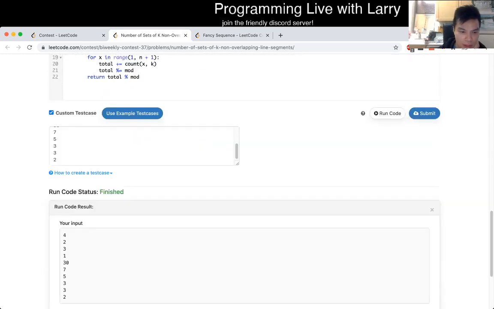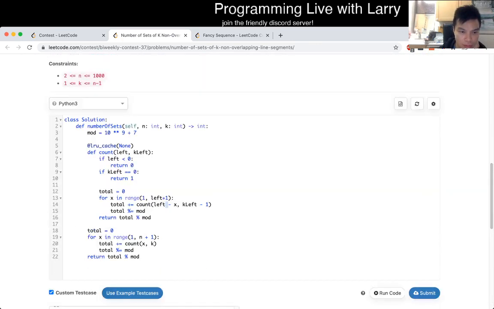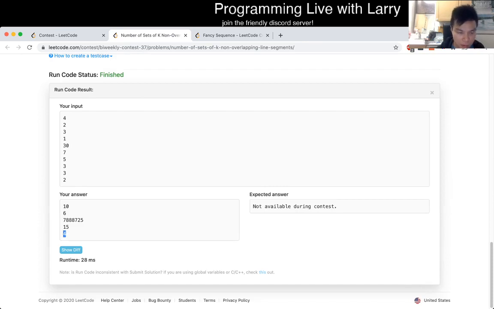I really think I should be undercounting. Wait, 3, 2 is equal to 4.